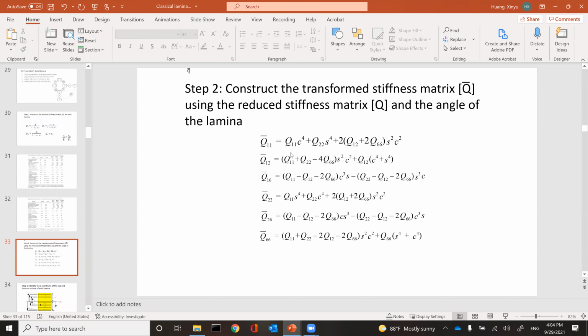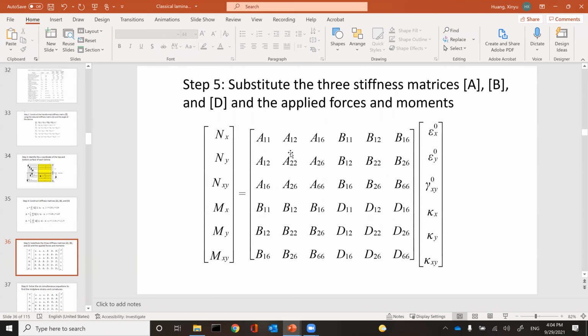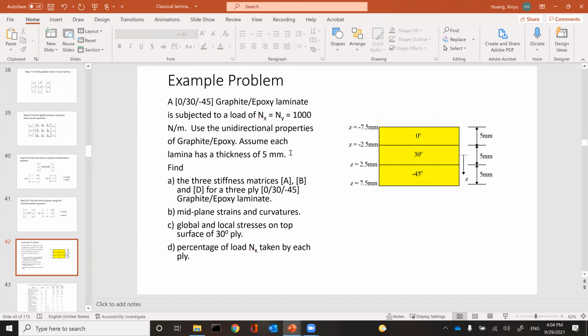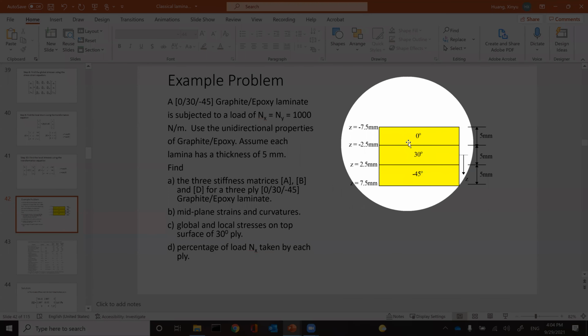You understand what C and S are? So what is S? Sine theta. What is C? Cosine theta. What is theta? It depends on the plies in the problem that we're talking about. There are 3 thetas, right? They're given here. So for the top ply, theta equals 0.